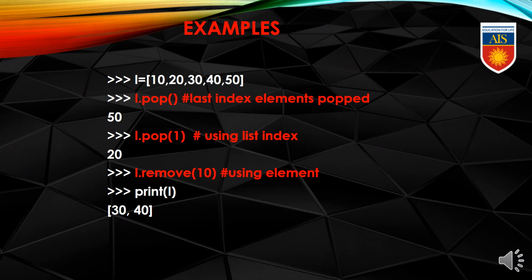L dot remove 10, that means if you want to remove the element 10, it will remove 10 and it will print 30 and 40, because 20 we have already removed as well as 50. Just before we remove 10, 20 is not there, so only 30 and 40 will print.